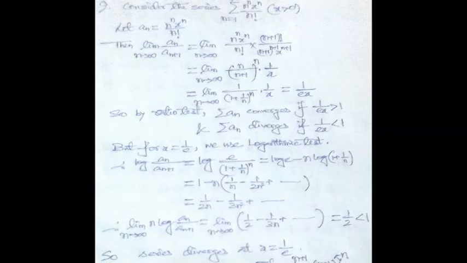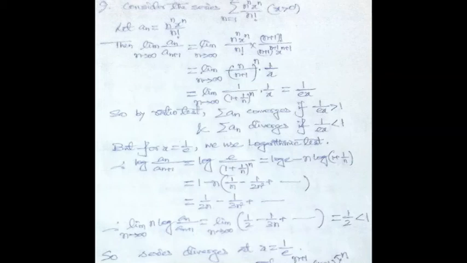In this case we will use the series of logarithm, that is log e minus n times log of 1 plus 1 by n, where log e is 1, minus n times (1 by n minus 1 by 2n square plus 1 by 3n cube and so on). After simplification we will get 1 by 2n minus 1 by 3n square plus and so on.